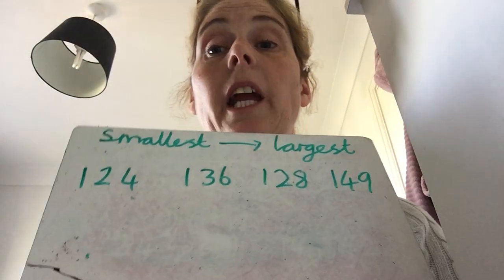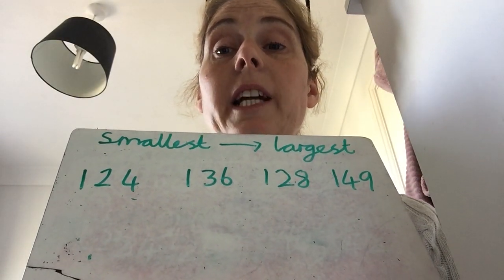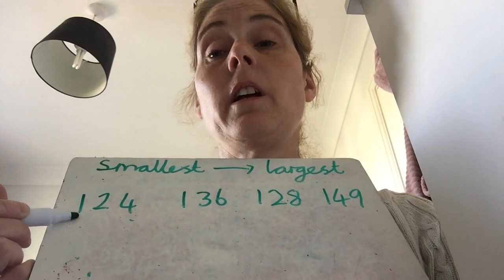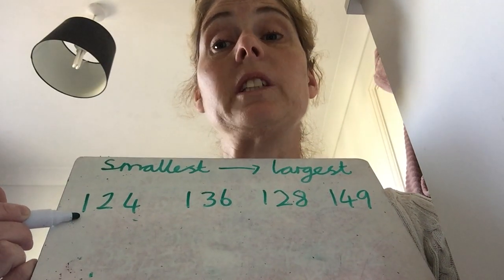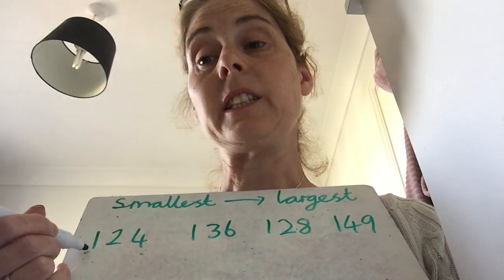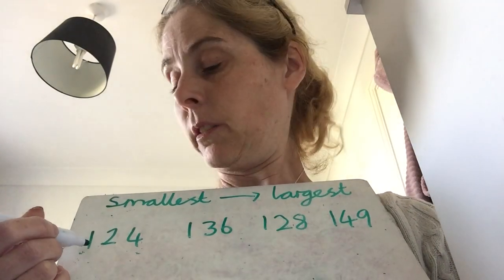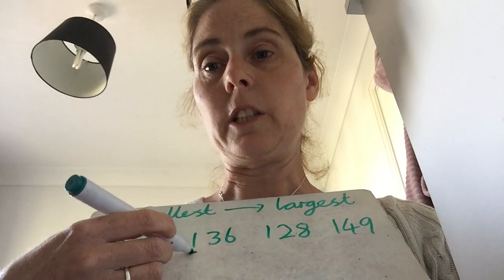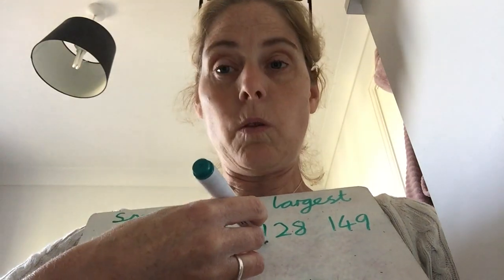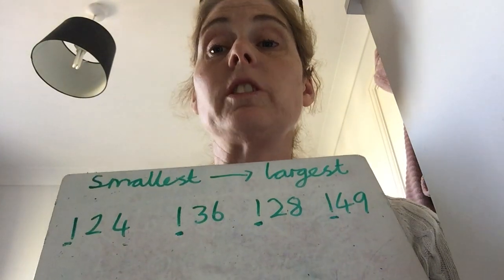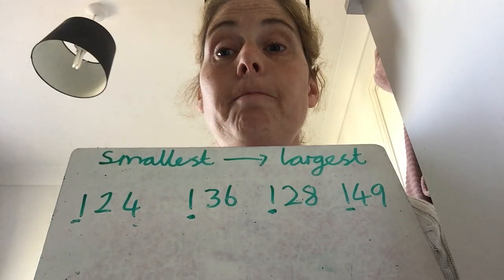Becomes slightly more tricky when we have 3-digit numbers, okay, but again we always need to start with the first number. So we start with our hundreds this time. We need to look at our hundreds and see if there's any differences. Okay, so this one's got 100, this one's got 100, this one's got 100, and this one's got 100. So can we order our numbers yet?